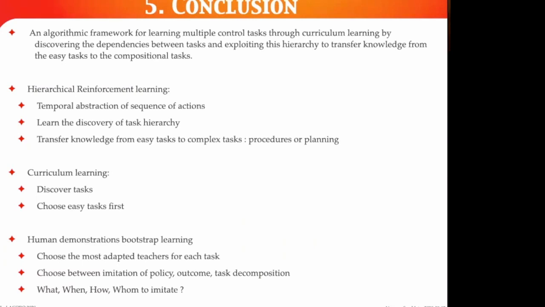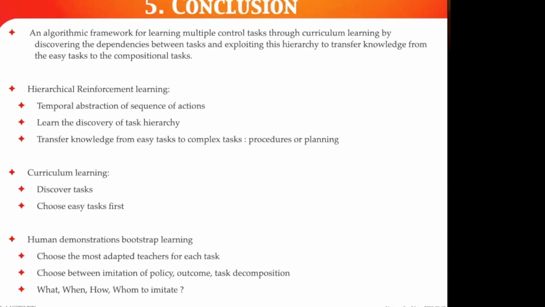In terms of hierarchical reinforcement learning, we have proposed both with SGIM and the procedures, temporal abstractions of sequences of actions. And we showed that our algorithms can learn the discovery of task hierarchy.